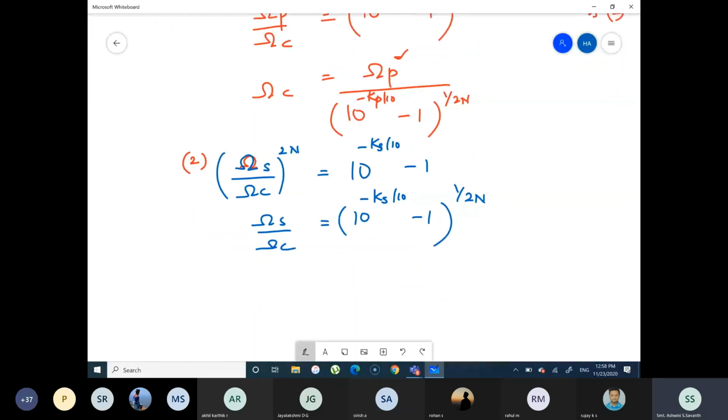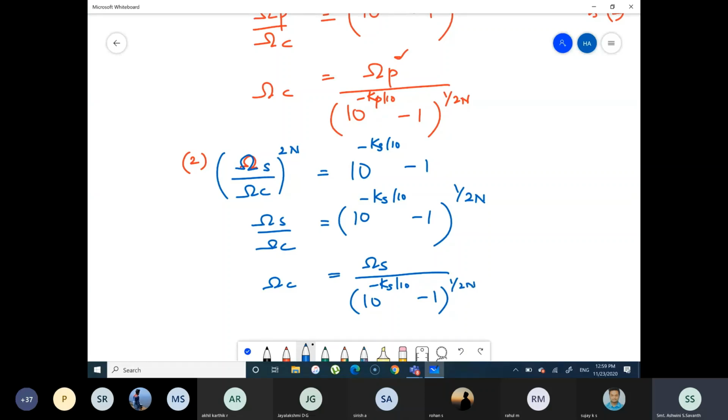So omega c is nothing but omega s divided by 10 raised to the power minus ks by 10 minus 1, whole raised to the power 1 by 2n. That is the second option.